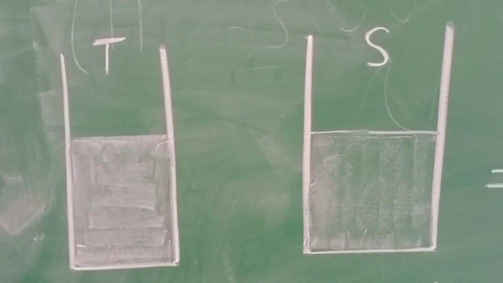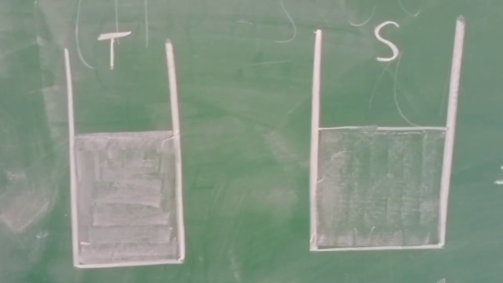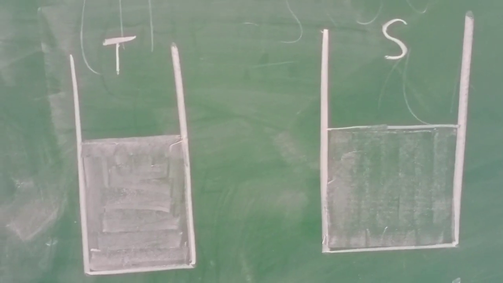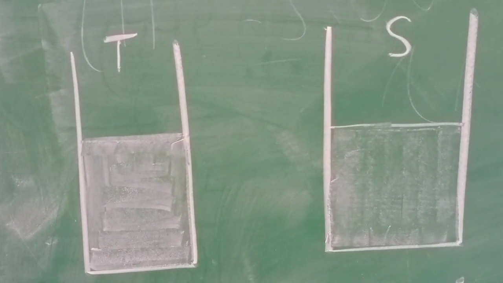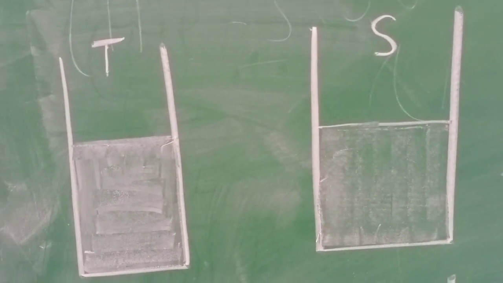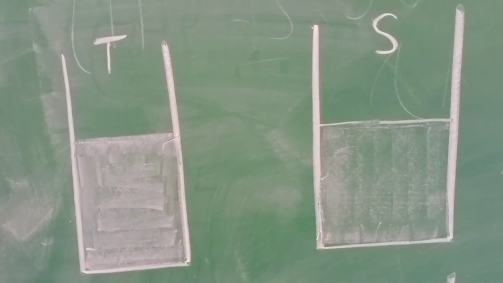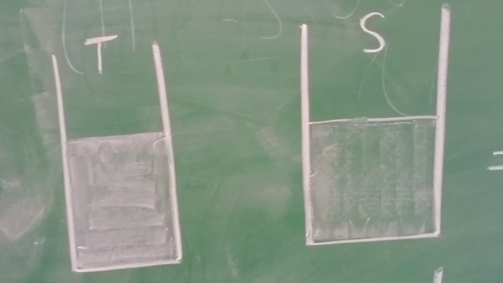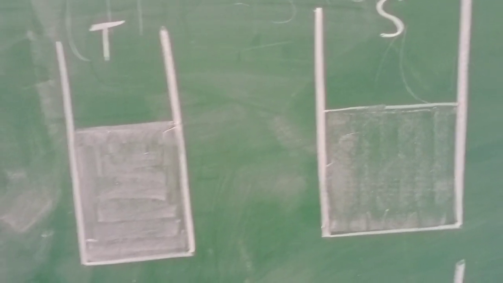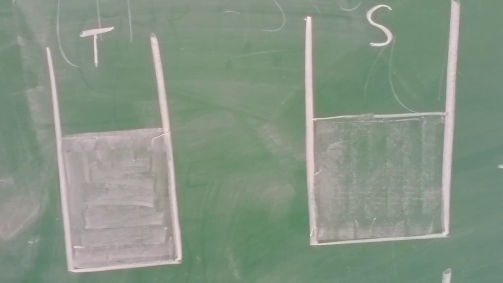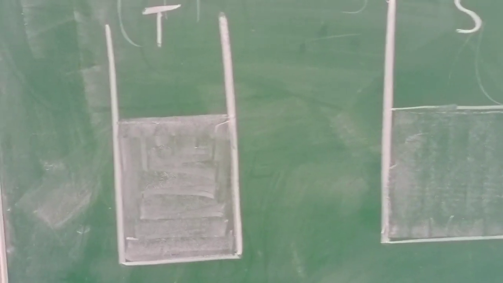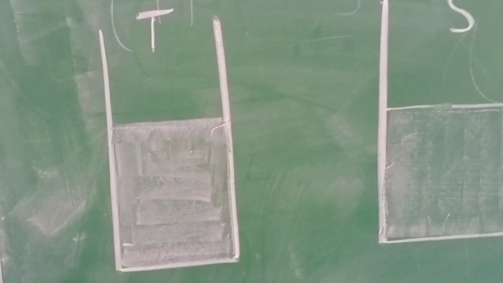So when we compare the test with the standard, we find that the total turbidity produced by the test solution is greater than the turbidity produced by the standard, and the turbidity is directly proportional to the impurity. So we can say that the impurity present in the standard solution is less, however the impurity present in the test solution is more.